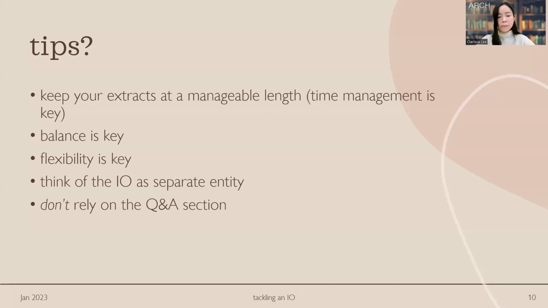So 2 other things would be to think of the IO as a separate entity to the rest of your assessments, the rest of your IB English studies, because both the literary and non-literary works will be chosen from works you've gone through in class, right? So you may think of some points of analysis you want to make as obvious. Maybe you've already discussed it in class, and you might decide to then omit them from your presentation.